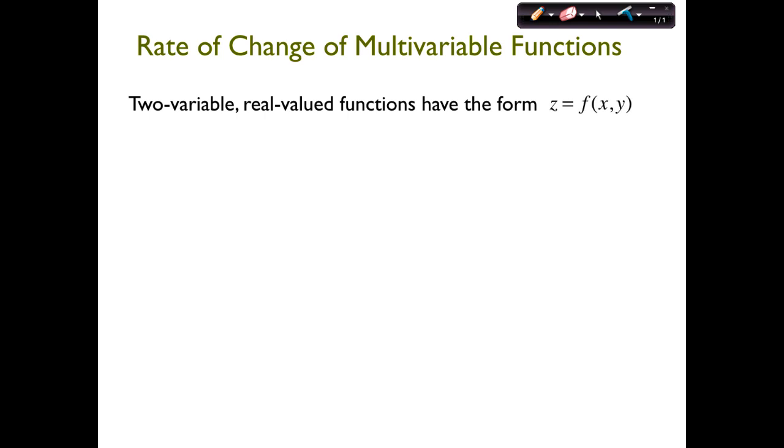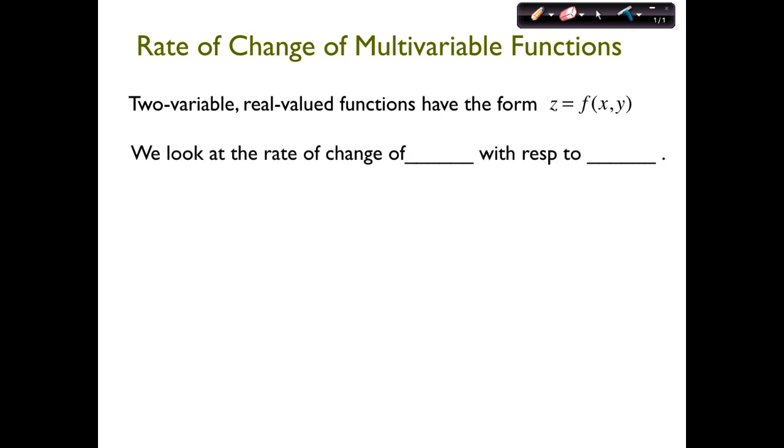And so when we talk about rate of change, it'll be the rate of change of what with respect to what, now given z equals f of x and y? Rate of change of what with respect to what? z with respect to x times y? z with respect to x and y. Getting closer. z with respect to, yeah.